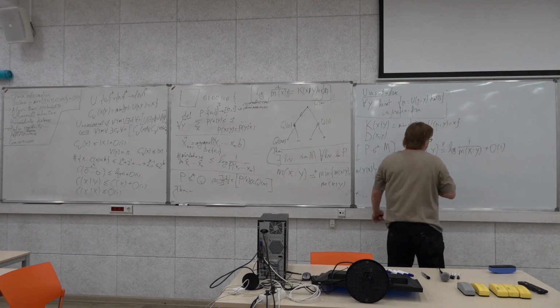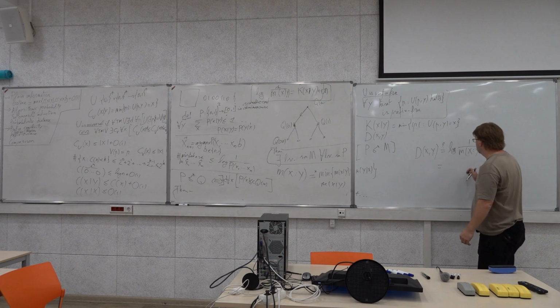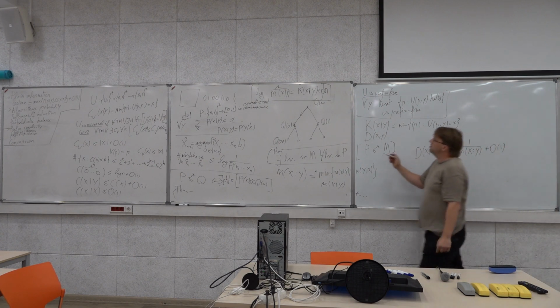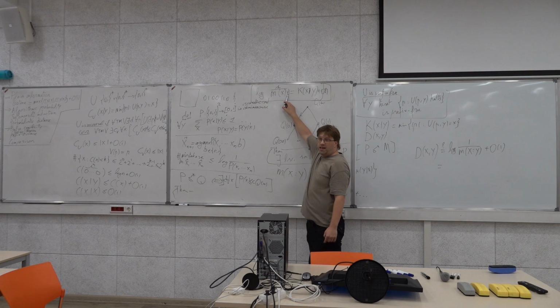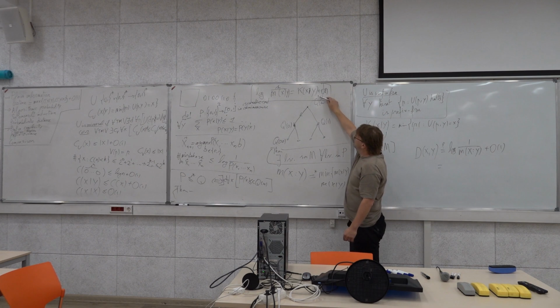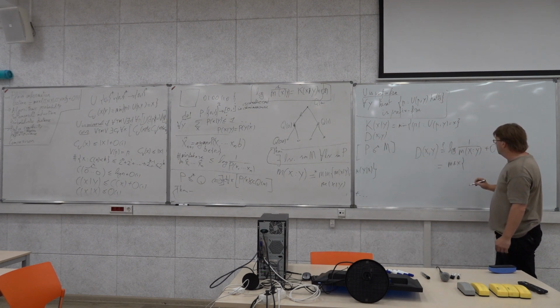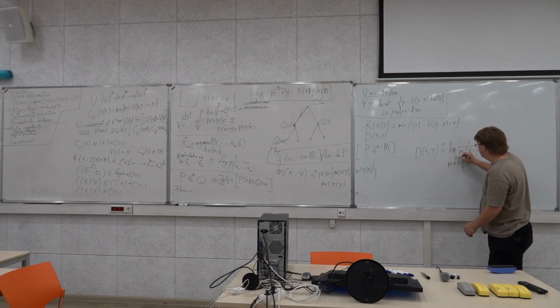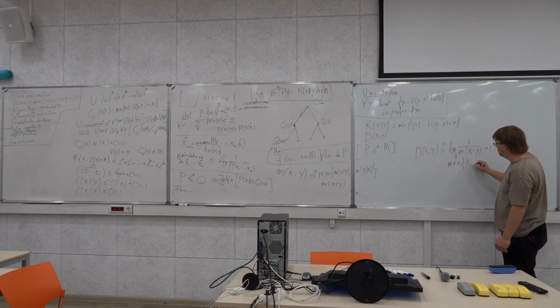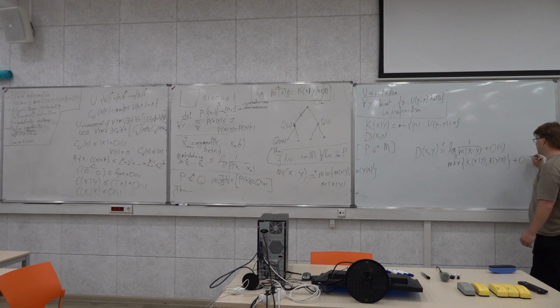Well, first let us think again. We have an expression for m of x, y. We said that it's equal to the minimum of the conditional complexities, K of x given y and K of y given x. So by this coding theorem, it is equal to the maximum. So, just for clarity, this is equal to the maximum of the conditional complexities, K of x given y and K of y given x, plus O of 1.